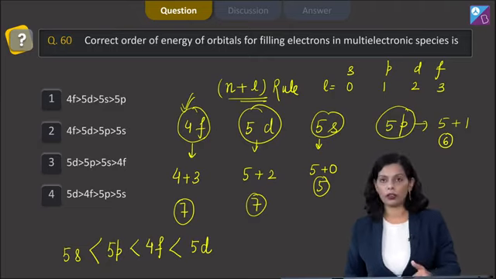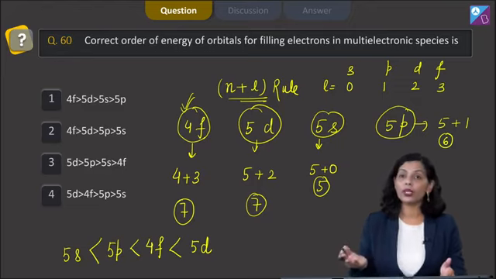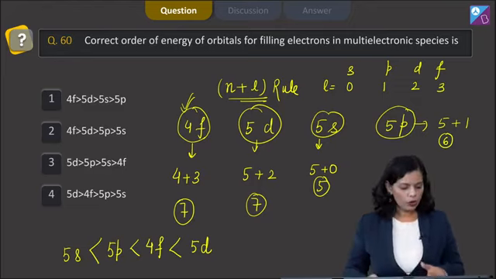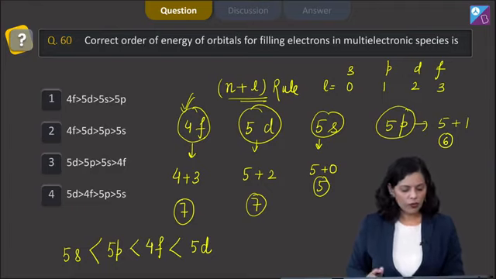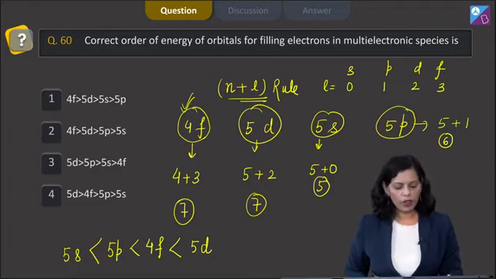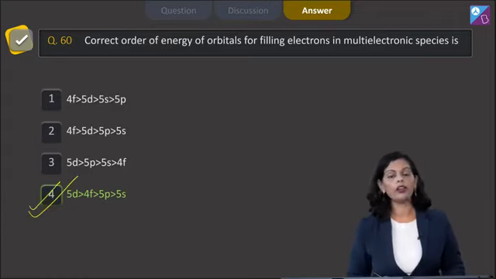So, increasing order it would be. In the question, they are not giving increasing order, they are providing you the decreasing order. So, where is this decreasing order given? Yes, it is here in option 4. First 5d, 4f, 5p and 5s. Choose the correct answer. It's clearly given in option 4. Yes, and this would be your right answer.